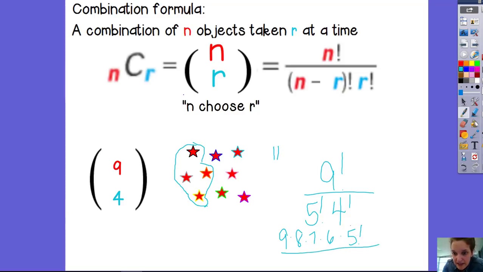I'm going to go ahead and stop with the 5 factorial expansion because I have that 5 factorial in my denominator, and those factorials can cancel out. But I am going to expand 4 factorial, 4 times 3 times 2. And it's technically 4 times 3 times 2 times 1, but I don't need to write the 1 because it's irrelevant. So I'm going to cancel out the 5 factorials.